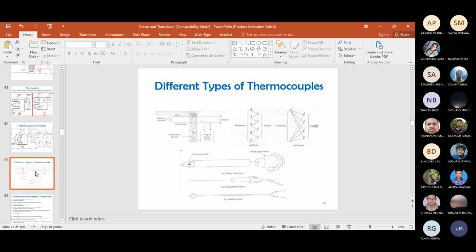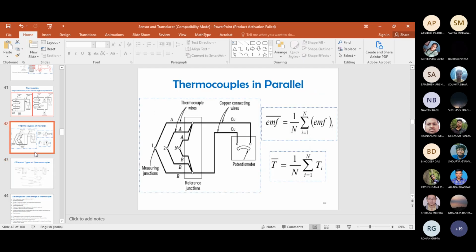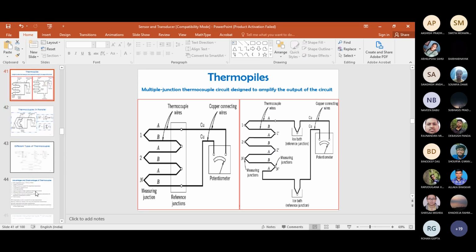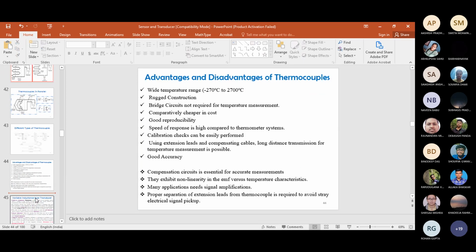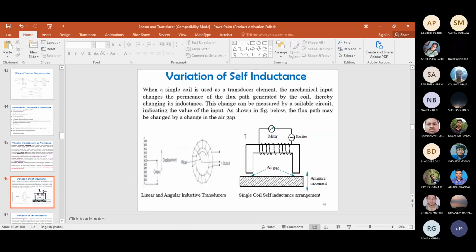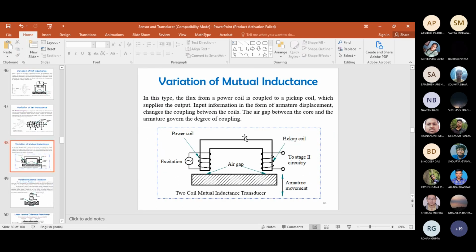We have to pick the important transducers for our syllabus. Strain gauge is important; here we are using a bimetallic strip. After that, LVDT, the variable inductance type transducer, is very important.